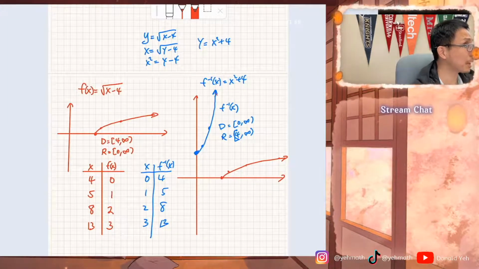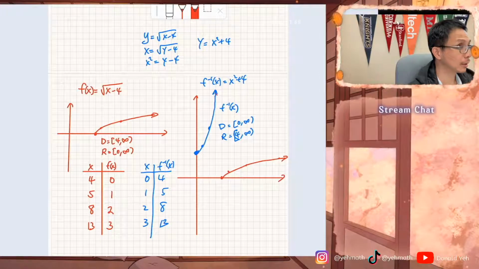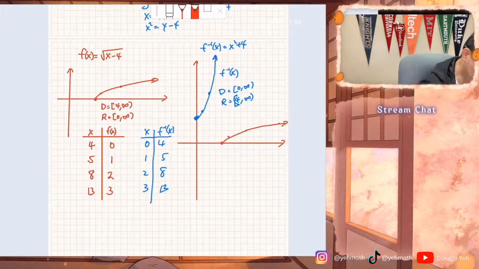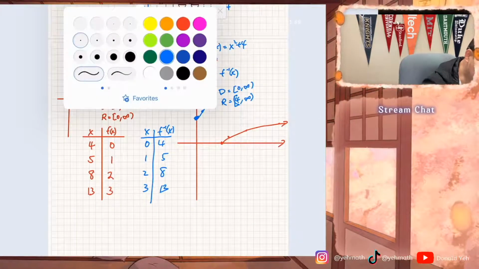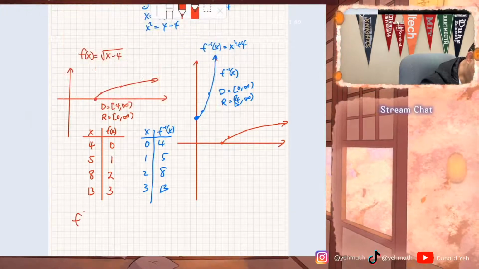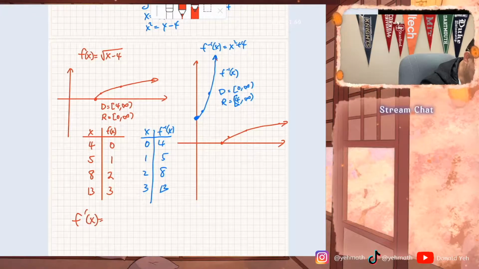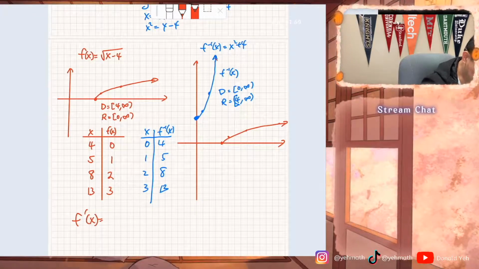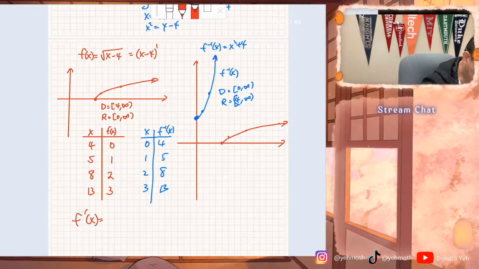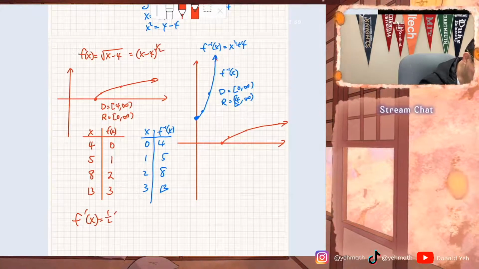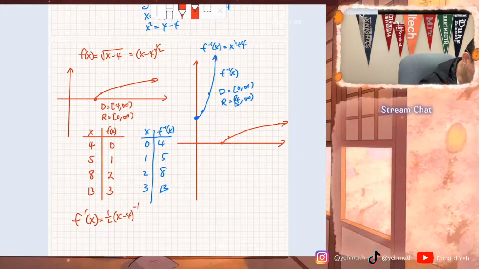Now we're going to compare the derivative. Okay, we're going to compare the derivative. So we're going to take this red function, we're going to take a derivative. What happens if I take a derivative? Well, this one is equal to x minus 4 to the half. So if I take a derivative, it's going to be x minus 4 to the negative half.